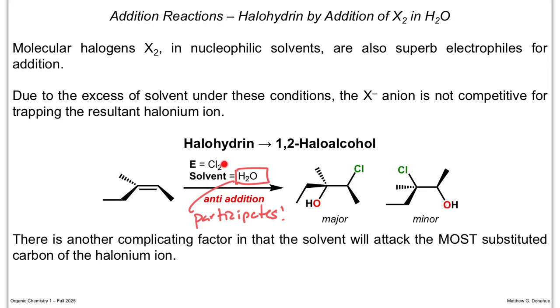Chlorine is the electrophile. For the most part, it's going to form the same intermediate, that halonium ion that's then trapped in an anti fashion by the solvent. So you're adding X and then OH overall.